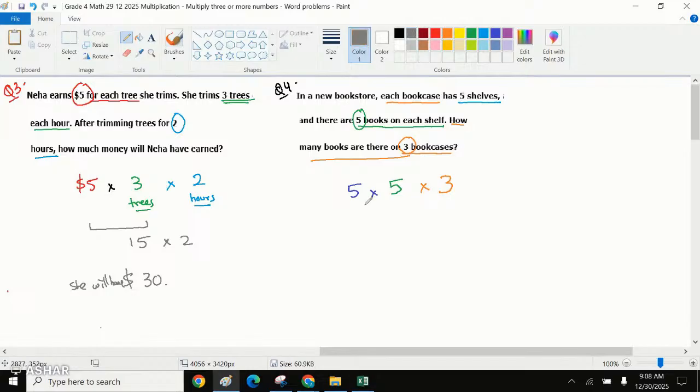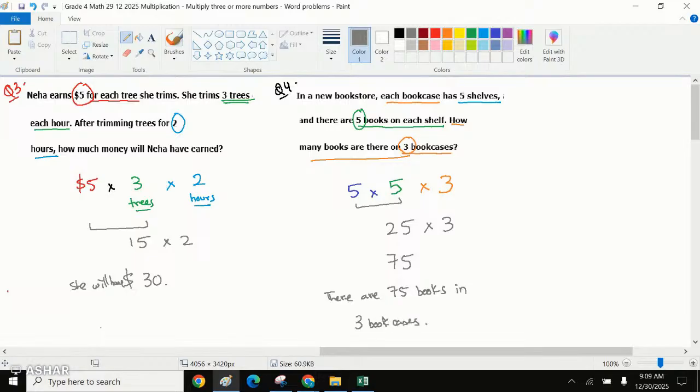So we know that this is 5 times 5 is 25 times 3. That means 75. So we can say that there are 75 books in 3 bookcases.